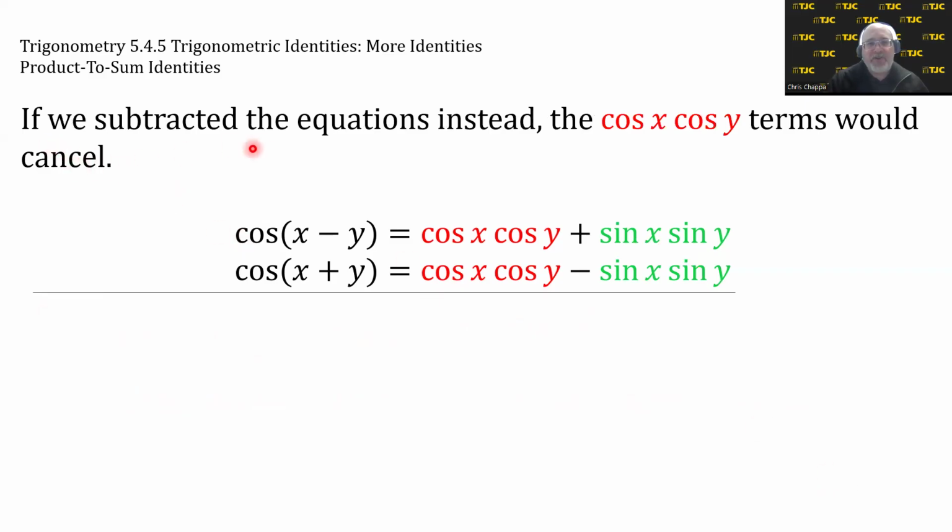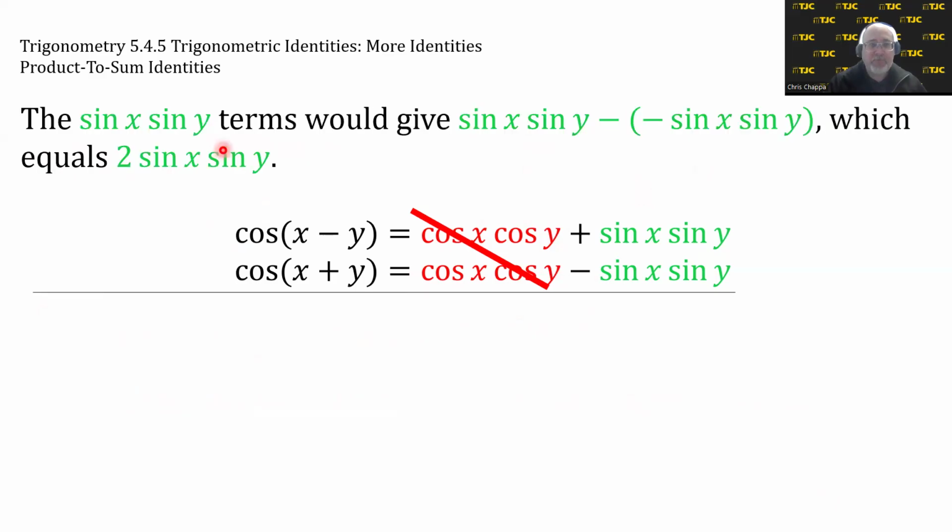Now, if we subtracted the equations instead, the cosine x cosine y terms would cancel. Anytime you subtract two things that match, they disappear. What would happen to the sine terms? The sine x sine y terms would give sine x sine y minus negative sine x sine y, which would be plus a positive, which would give us 2 sine x sine y.